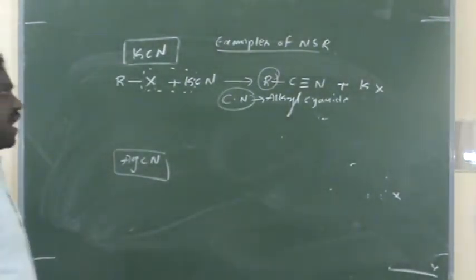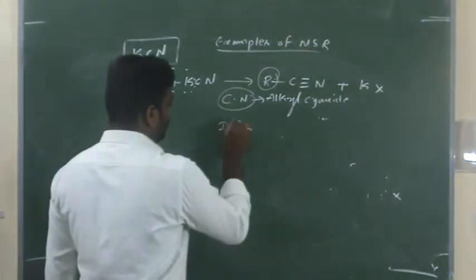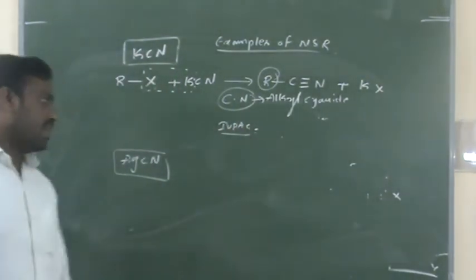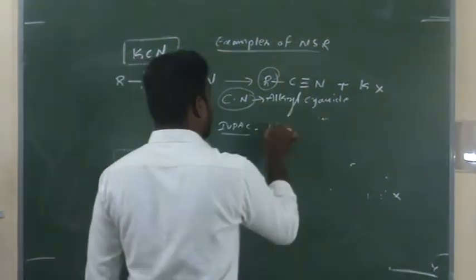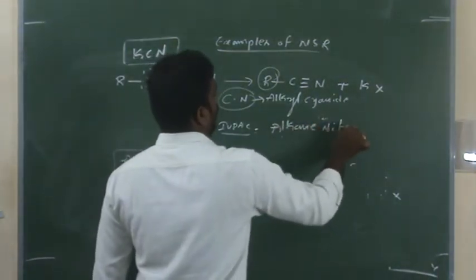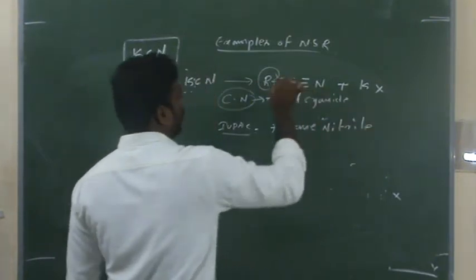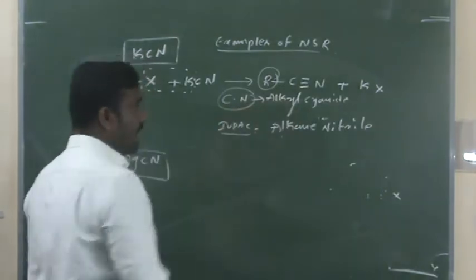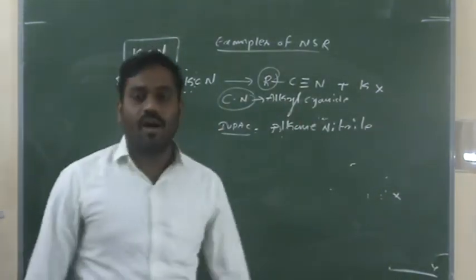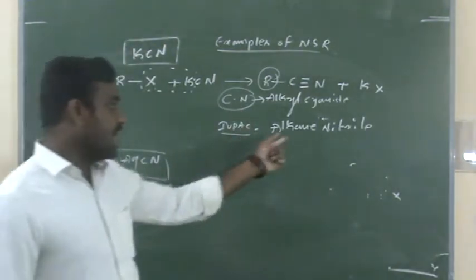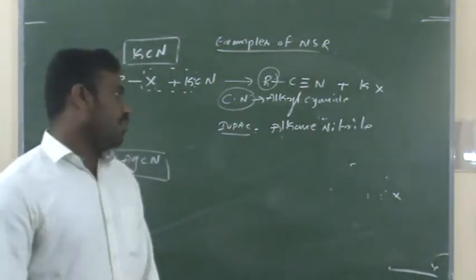We also have an IUPAC name for this. The IUPAC name is alkane nitrile. There are two names for R-C triple bond N. R is alkyl and C is cyanide; alkyl cyanide is the common name, and alkane nitrile is the IUPAC name.